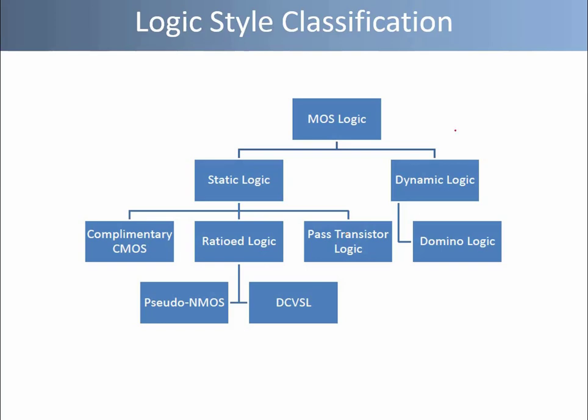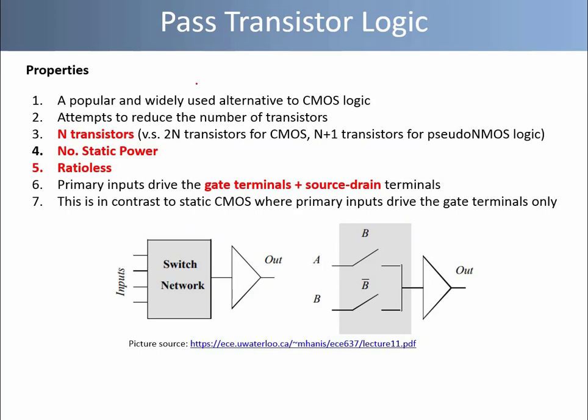Now let's discuss what is pass transistor logic. A pass transistor logic is in fact a popular and widely used alternative to CMOS logic style, and the basic objective of this logic is that it attempts to reduce the number of transistors to implement any given Boolean function.